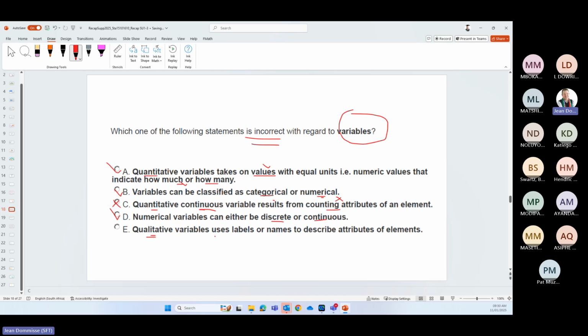Qualitative or categorical uses labels or names to describe, which is also correct. So basically the one that is incorrect is option 3, because that should have read quantitative discrete variables result from counting. So just in that small word is the mistake.